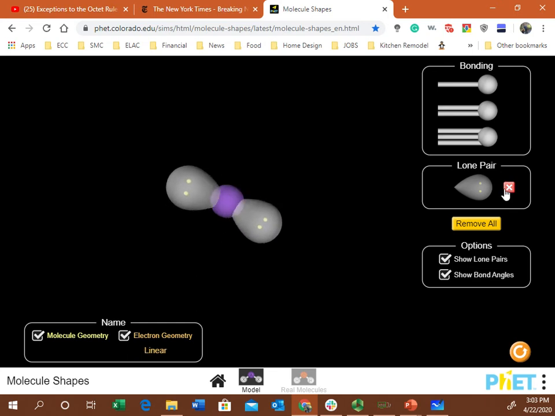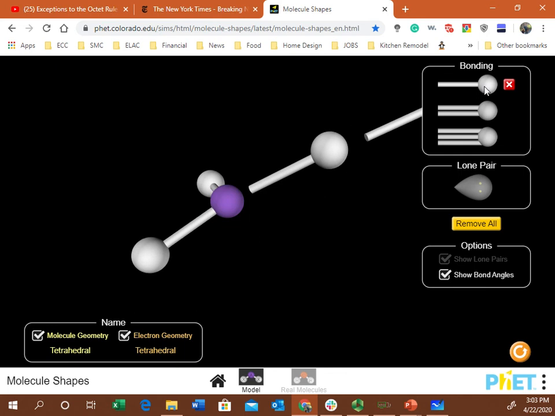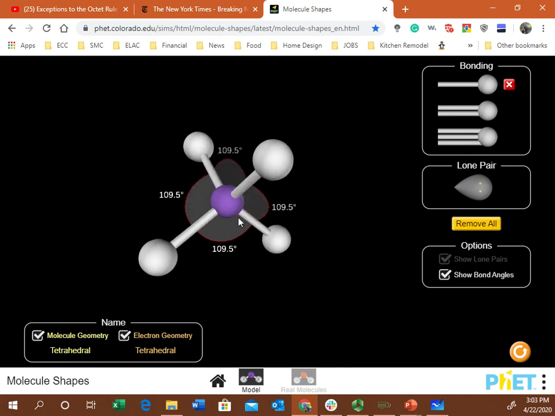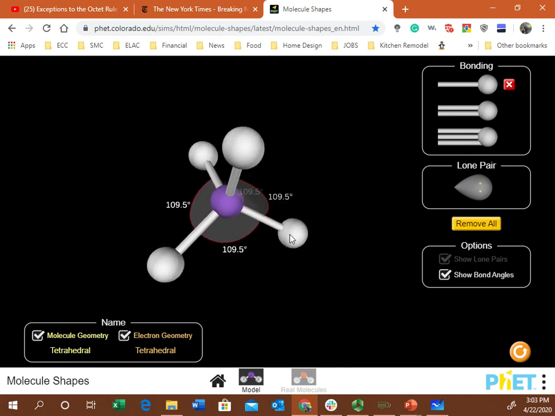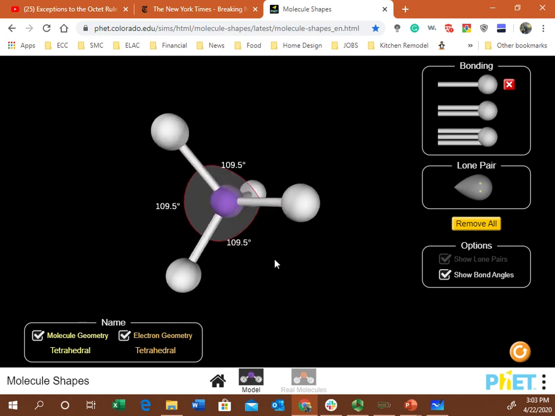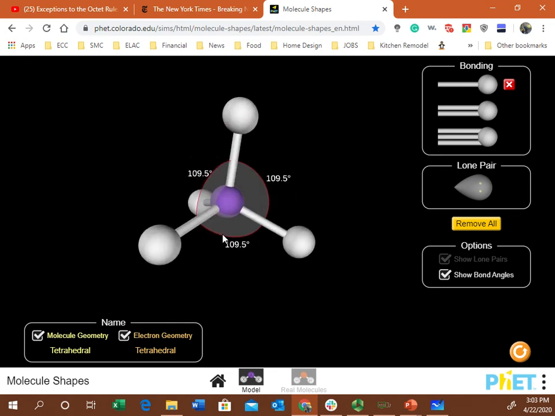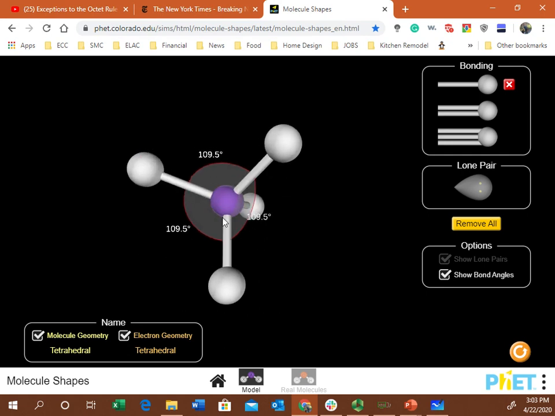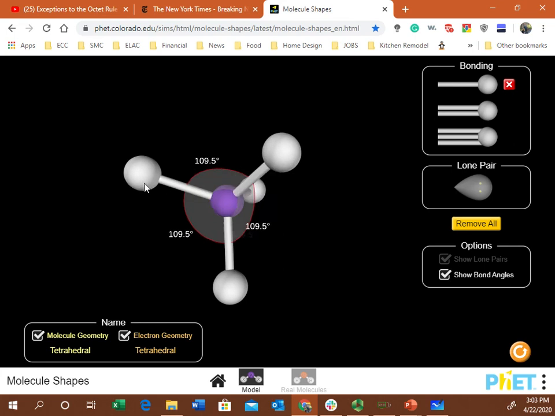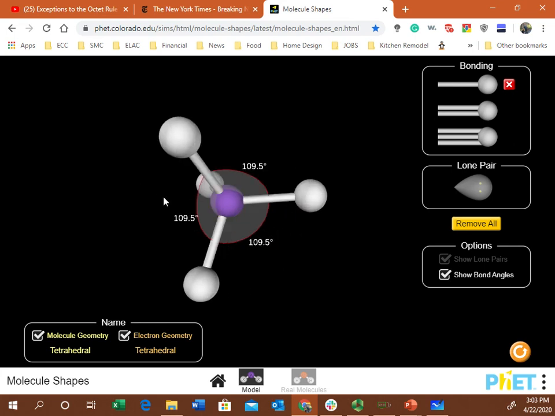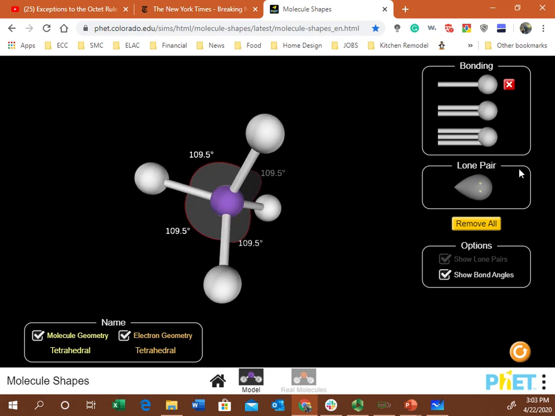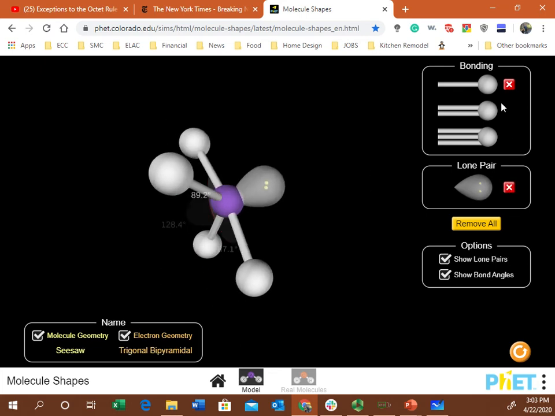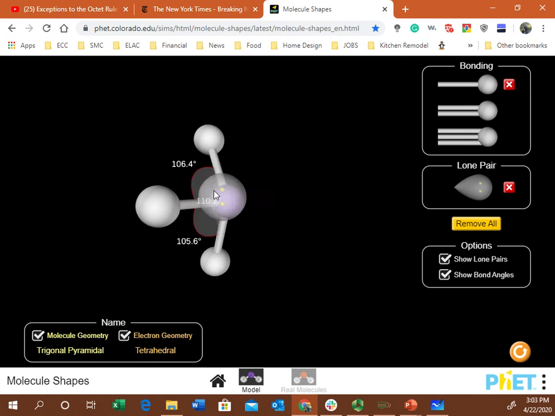So if I have 4 bonds, you'll end up with the following electron group geometry. Okay? 4 bonds, no lone pairs, then it's tetrahedral, bond angle 109.5 degrees. In this particular electron group geometry, we have, like I said, 3 molecular geometries. 1 with no lone pairs, or I can have 1 lone pair. Okay?